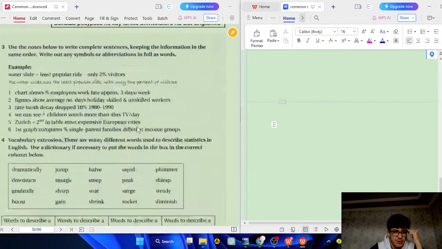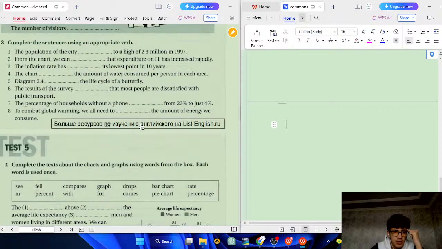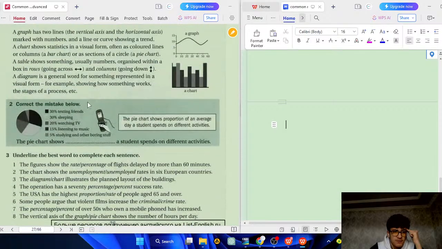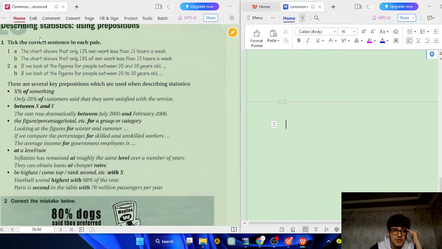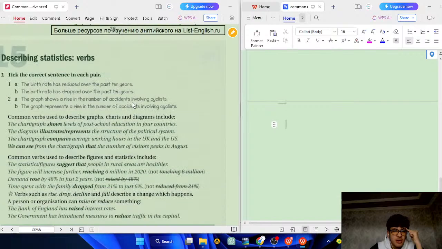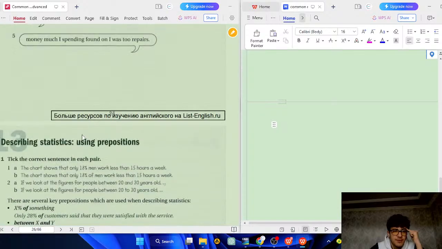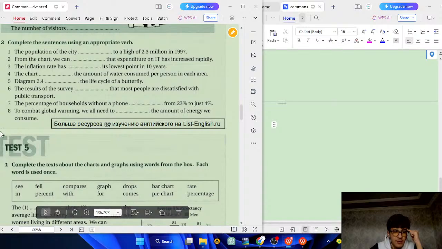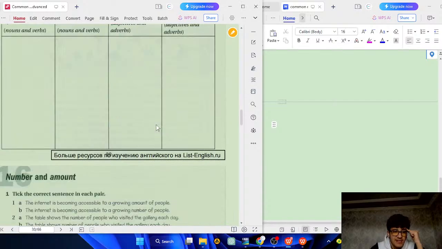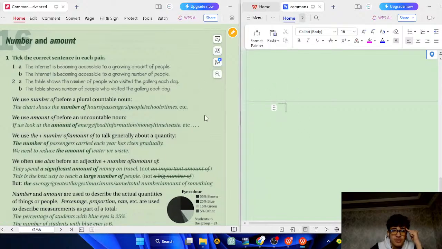I guess we should start with Unit 14. Oh, skip this. Sorry. 15, 14, 13. Let's review these three units about statistics, statistics using prepositions, and then the last unit is verbs. And we can do test 5, and then the last one will be number and amount, unit 16. And then we can just move on to test practices.